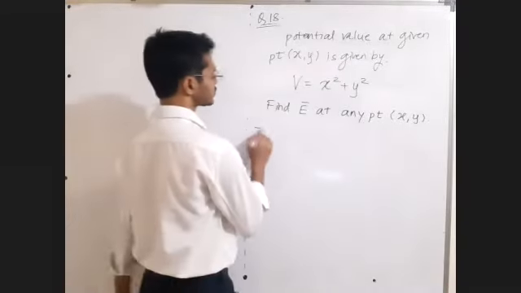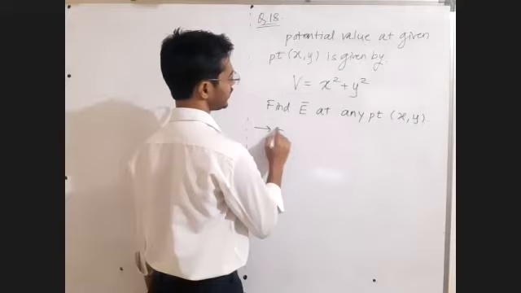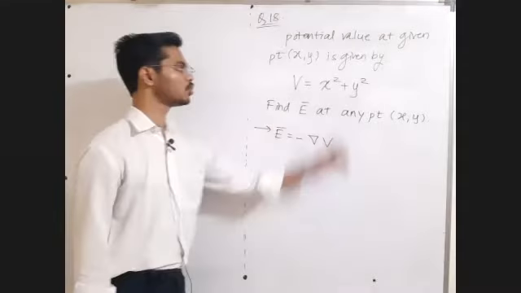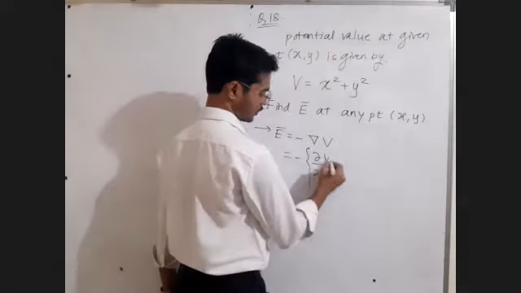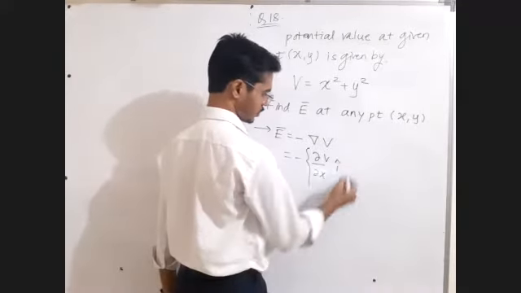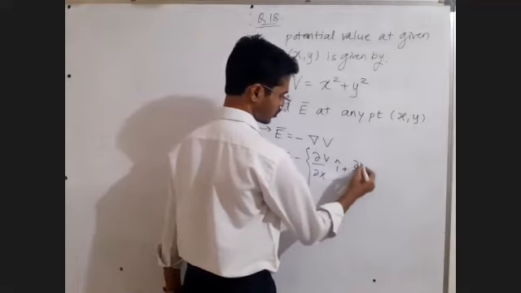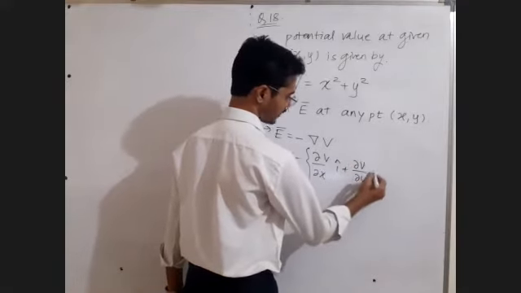What is the answer? Electric field at a given point is, sir, negative function of x as well as y. So it's a two-dimensional case, sir. Yes. So minus, as it is in the gradient operator, dou by dou x of v, dou v by dou x into i cap plus dou v by dou y into j cap.